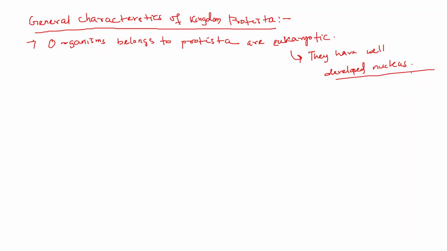We will study their nutrition also, but in today's class we will mainly discuss their general characteristics. One is that they are eukaryotic. The next character is that they are mainly unicellular, and most of the organisms are aquatic.